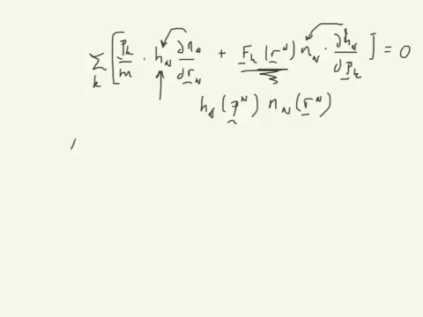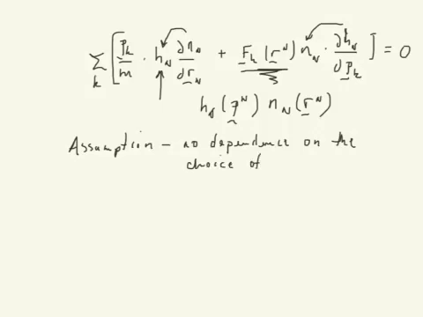Our second assumption is that there will be no dependence on the choice of the locator molecule k. And this is inherent in a system where there are no spatial variations.